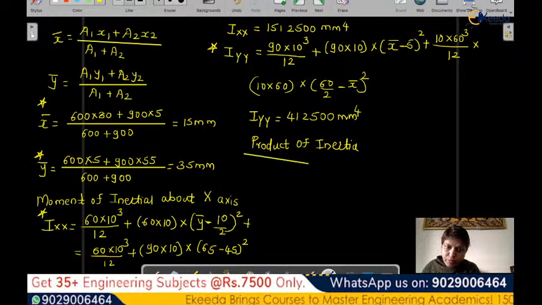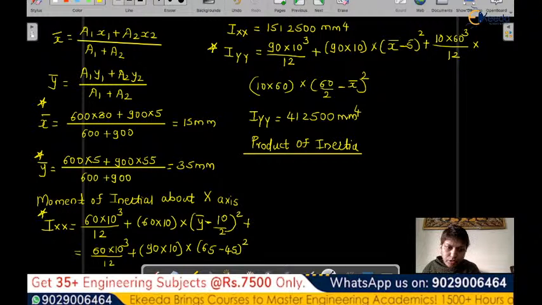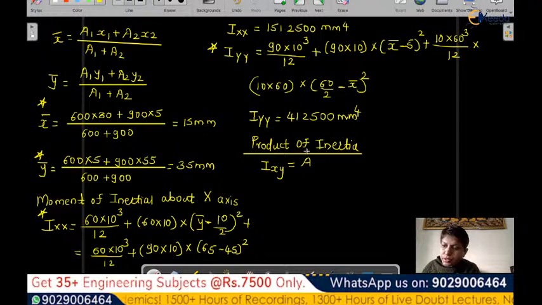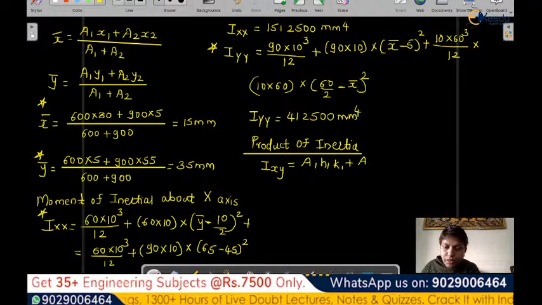Now what is the theory behind this product of inertia? You can go back and refer to the classes on the Ekeeda channel. It is A1 H1 K1 plus A2 H2 K2.